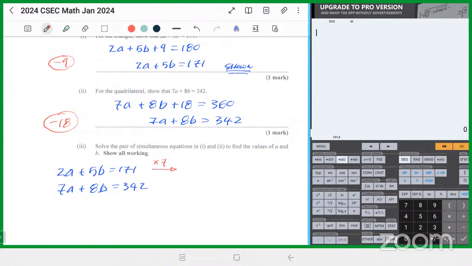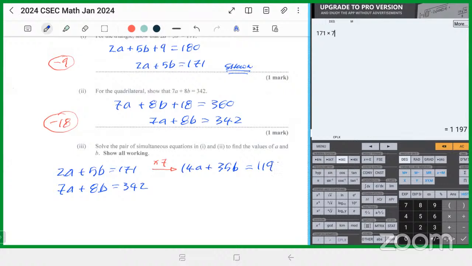So I multiply each value here by 7. And so this equation becomes 14A plus, this 7 times this 5 is 35, so I'm getting 35B. And that will be equal to, I'm going to multiply this 171 by 7 as well. Let's just do it with the calculator. 171 times 7, that is 1197.